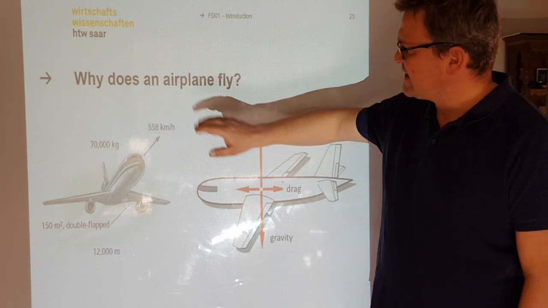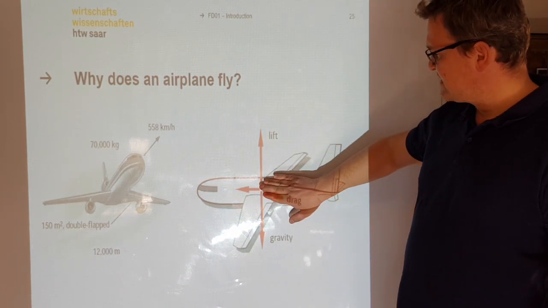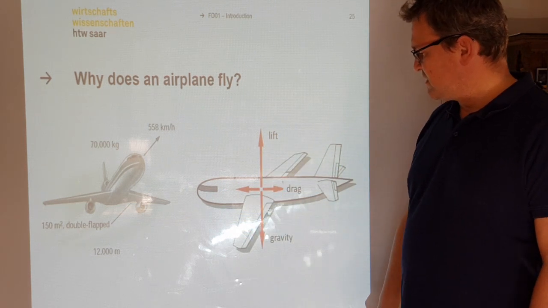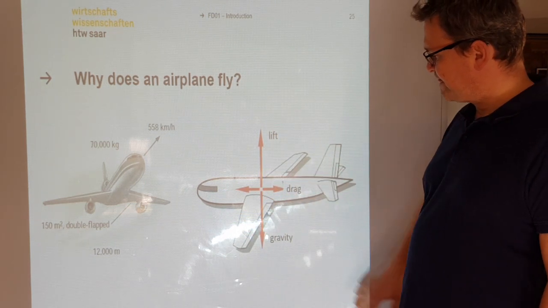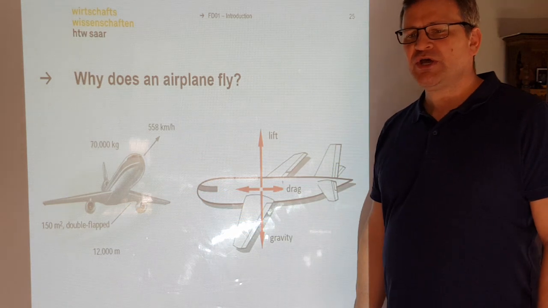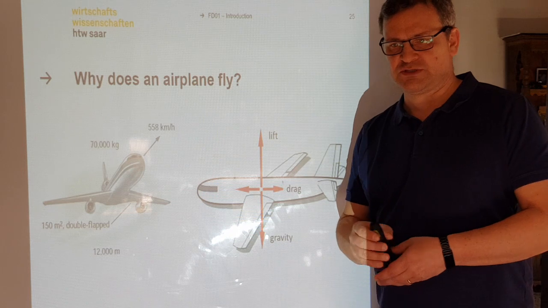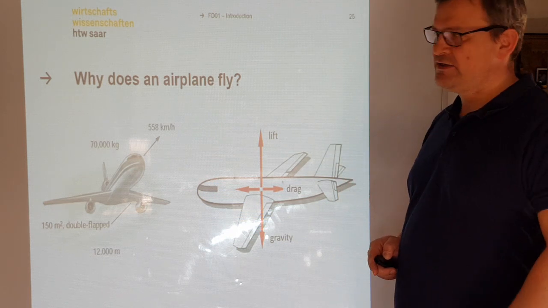So why does an airplane fly? It flies because it has a lift force upwards and a drag force here and a gravitational force, and the lift force must be bigger than the gravitational force. Then it flies.